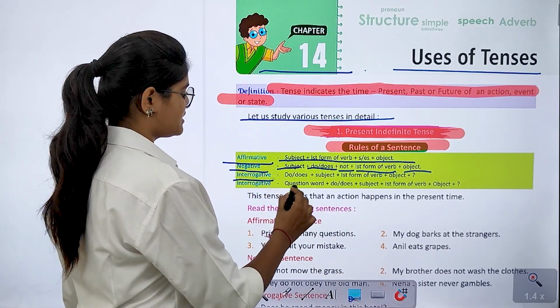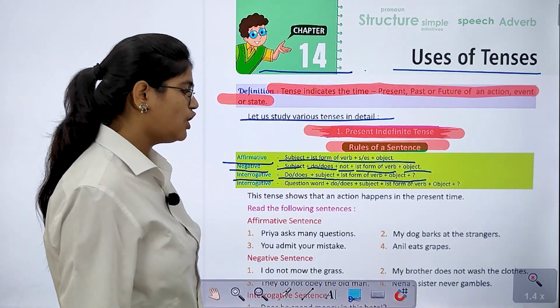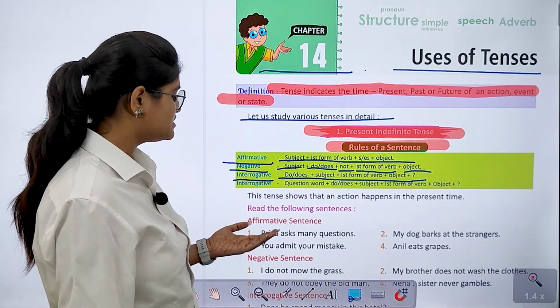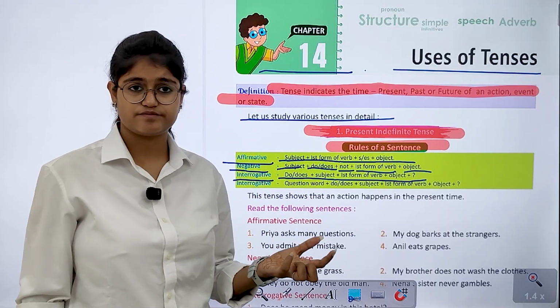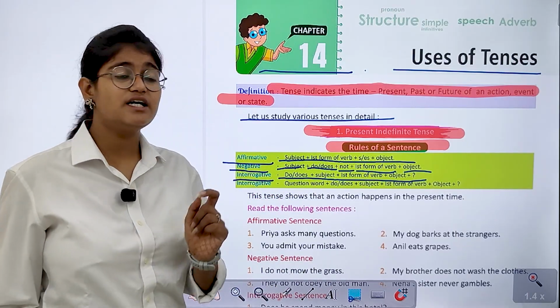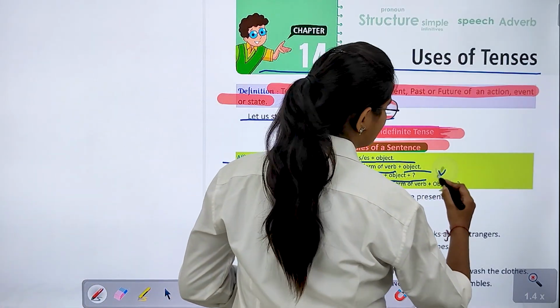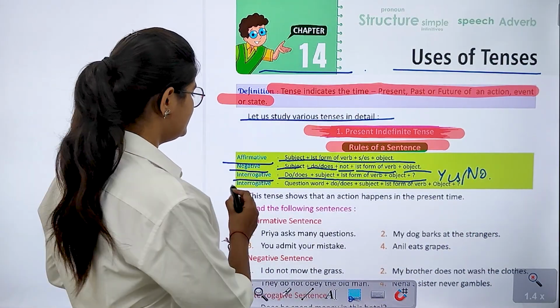Next is interrogative, do, does plus subject, first form of the verb plus object, right? So in the interrogatives, first of all we are going to begin with the do or does word. But this is only the situation when the answer is supposed to be in the yes or no situation. After that, interrogative.